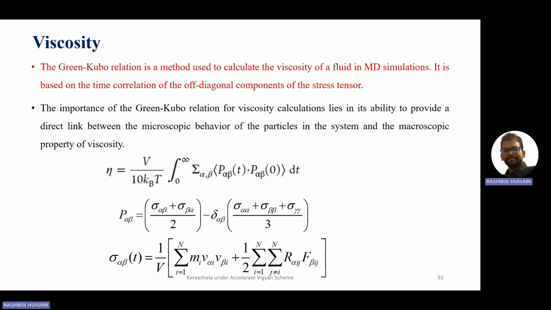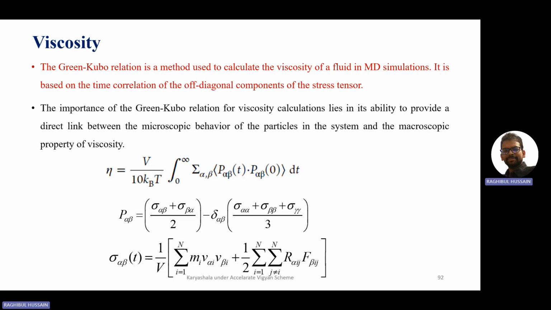Okay, let's say that will be for x, y. That means, what do we require? To get that x, y direction shear stress, we have to run the summation over all the atoms.